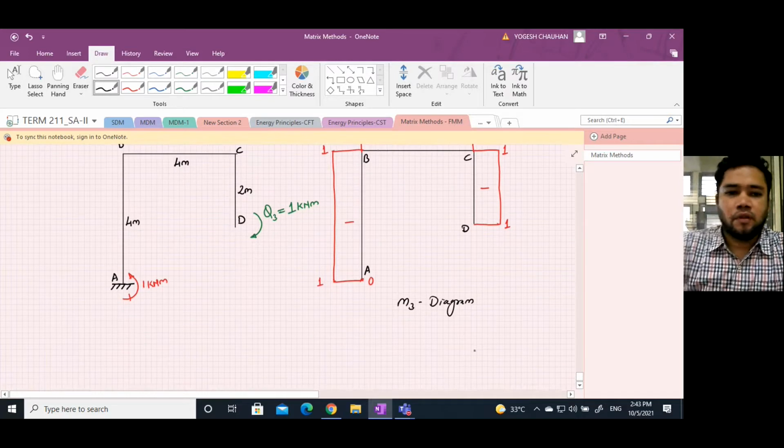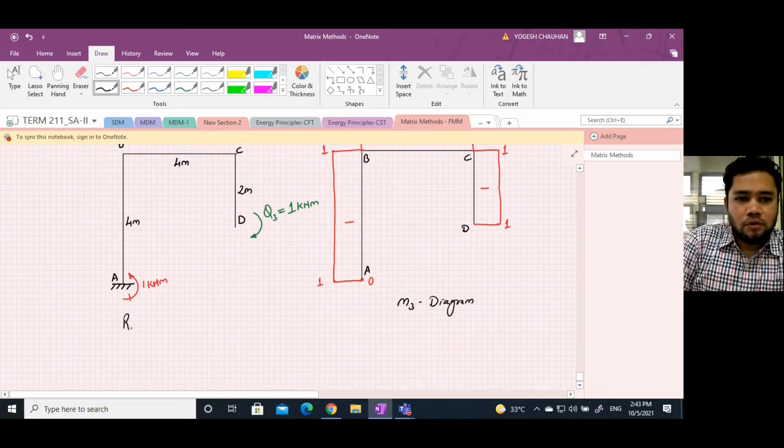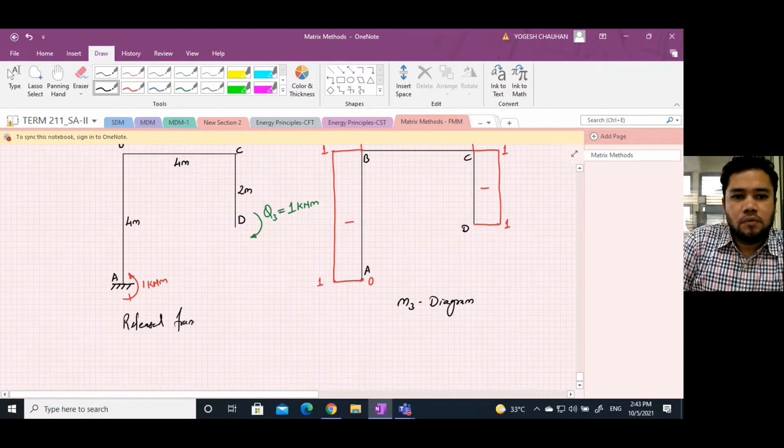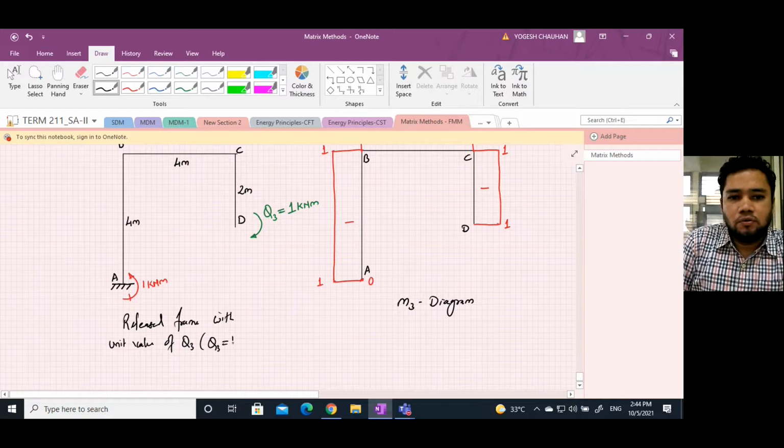Okay, and this is the released frame with unit value of Q3, that is Q3 equals to 1 kilonewton meter.